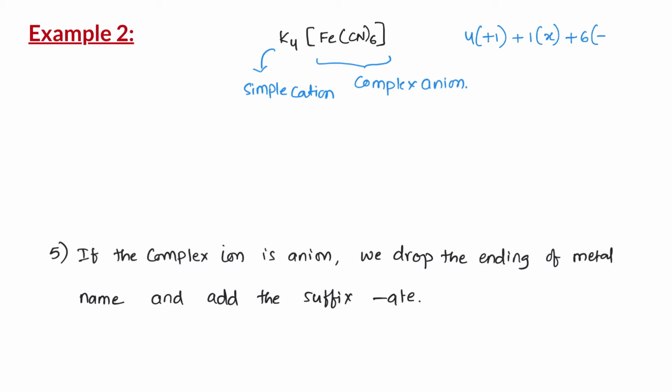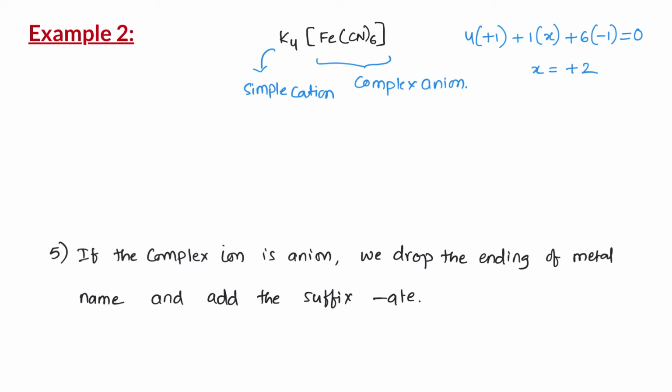Each of them has an oxidation number of -1. The sum of oxidation numbers of all the atoms in the compound should add up to 0. If we solve for X, we get X equals +2. That is, iron is in its +2 oxidation state.